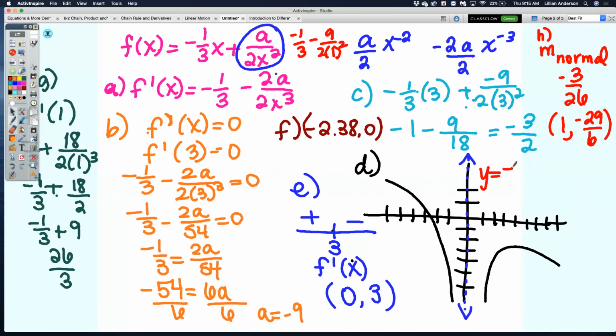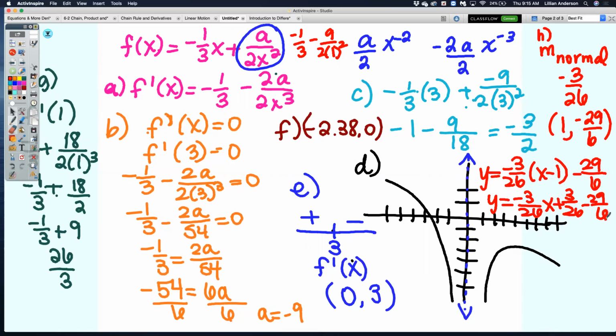Y equals -3/26, x minus 1 plus my y value, which is -29/6. When I distribute and combine like terms, that'll give me -3/26x plus 3/26 minus 29/6.